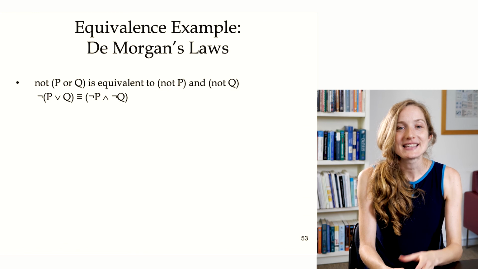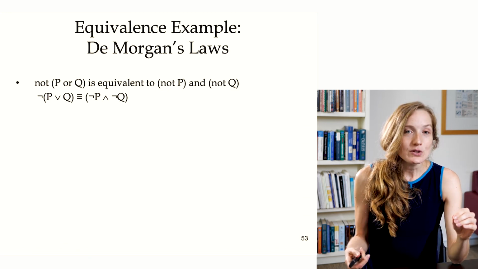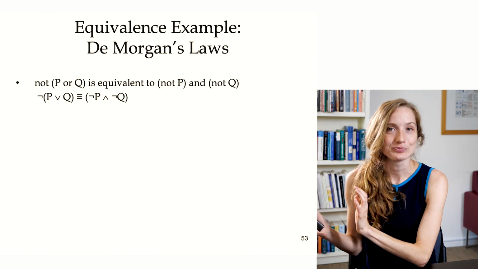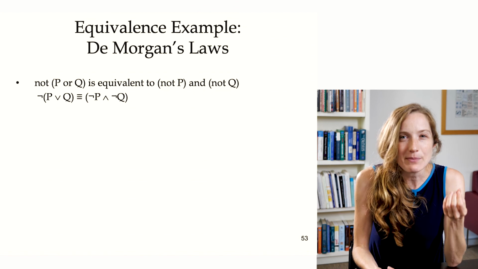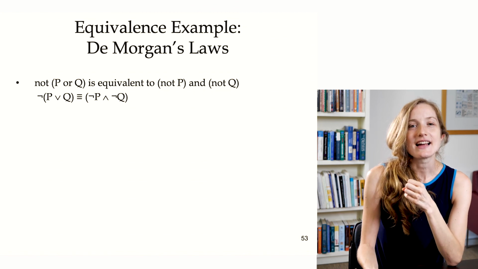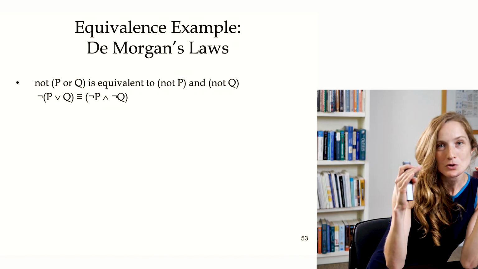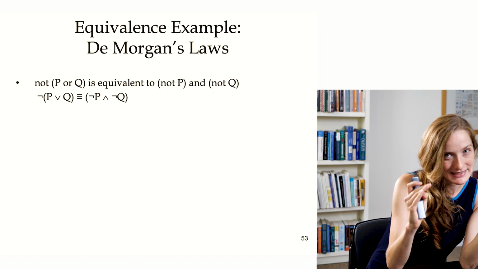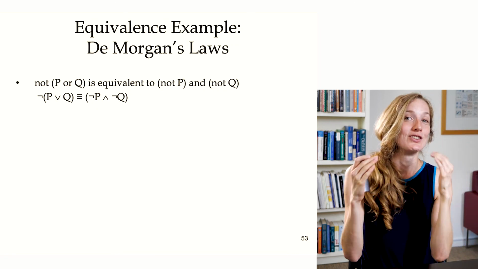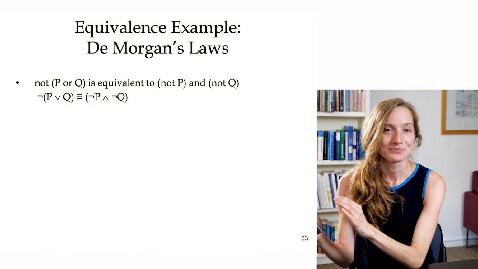The first statement is that not (P or Q) is equivalent to not P and not Q. First of all, think about an example to try to get some intuition. Suppose I say that I am not short or Brazilian. That means that I am both not short and also not Brazilian.